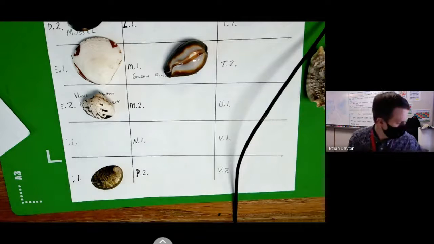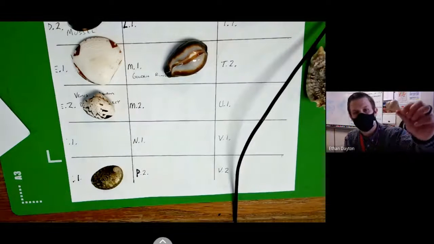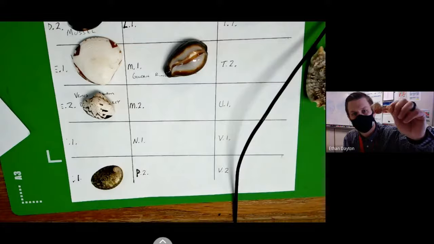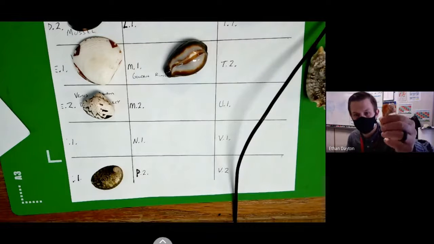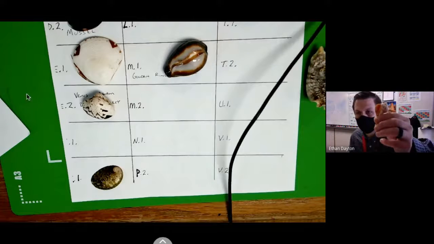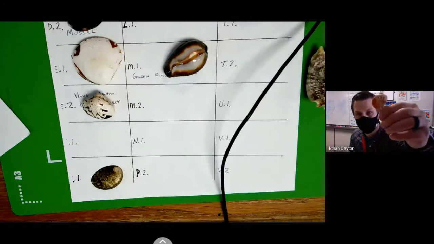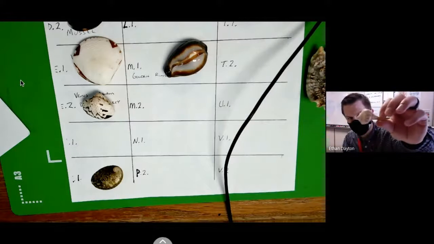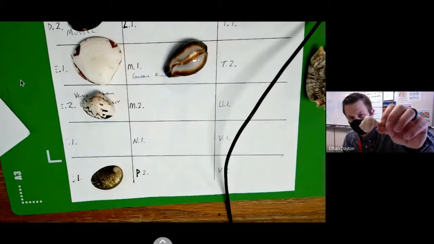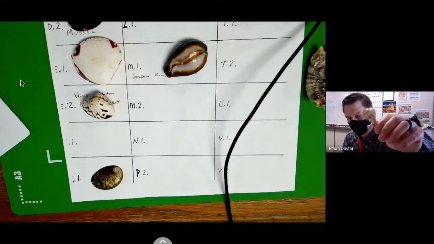Let's go with this one right here. Snail or clam? Emily, this one. Snail?